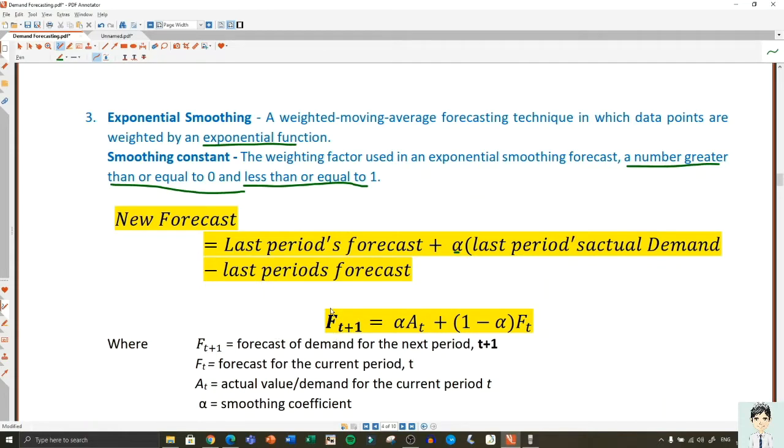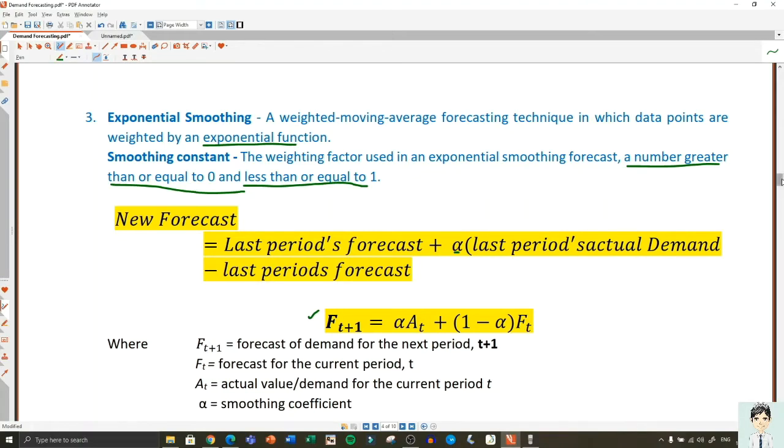So, our written formula here is: forecast of the demand for the next period is equal to the smoothing coefficient or smoothing constant multiplied by the actual value or the demand for the current period, plus 1 minus the smoothing constant multiplied by the forecast of the current period.